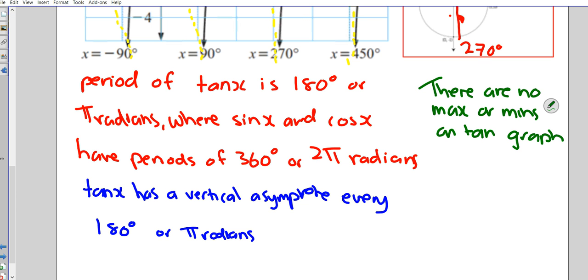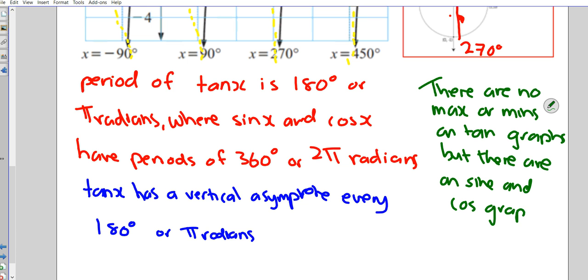But there are on sine and cos graphs, because those have definite tops and bottoms. Tan graphs don't.